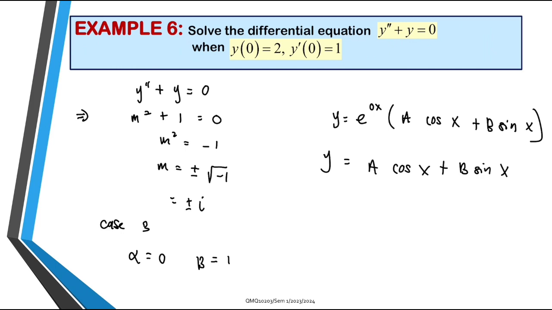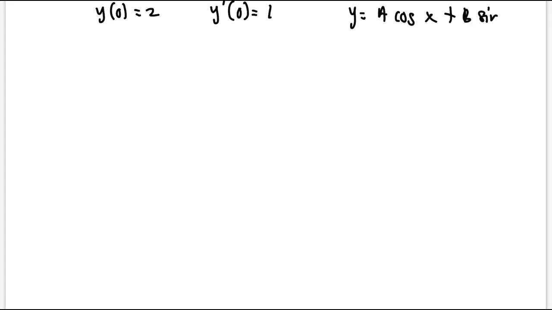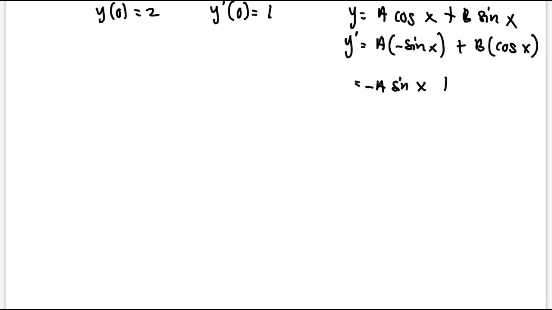So we are going to substitute the initial condition given y(0) equals 2, y prime(0) equals 1. We have y equals a cos x plus b sin x. So y prime will be, differentiate cos, you get minus sine, differentiate sine, we get cos. So we have minus a sin x plus b cos x.